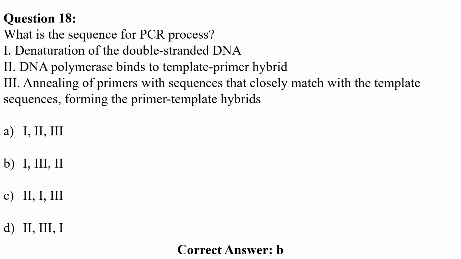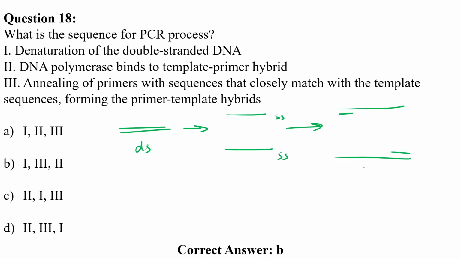So option B is the correct answer. As I have already explained, we'll have a double-stranded DNA. First denaturation will happen, where we'll get two single-stranded DNAs. Then in the next step, primers will anneal, to this strand and to this strand also.